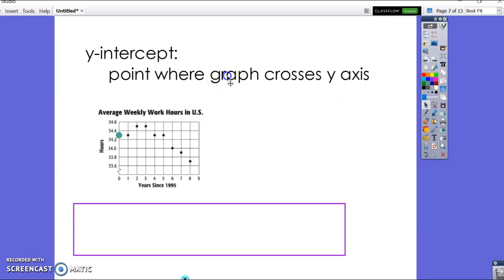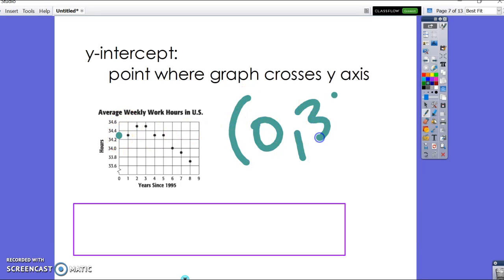We also want to be able to talk about the y-intercept. So remember, that's the point where the graph crosses the y-axis. So we want to be able to look at our graph, and here's our y-intercept, right? This looks like it's the point 0 and then 34.3. So we want to be able to talk about that in terms of the years since 1995 and the hours.